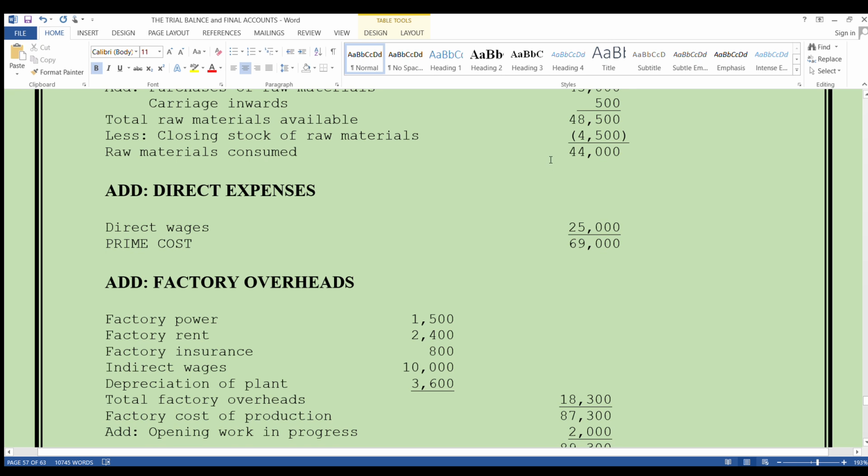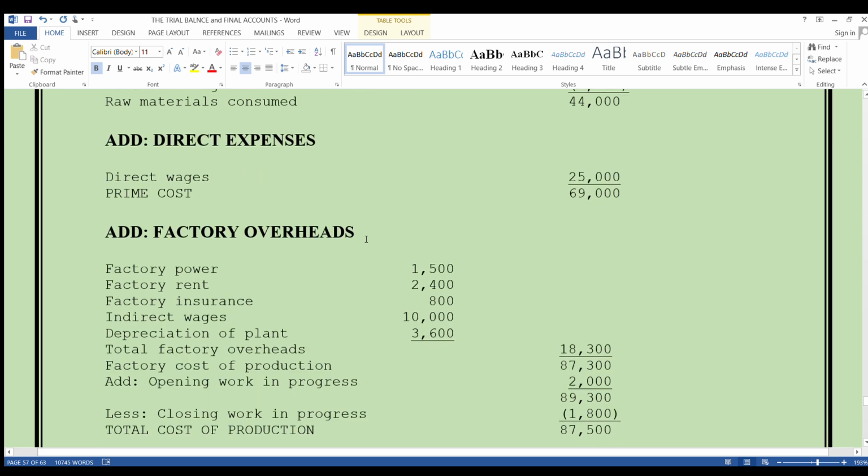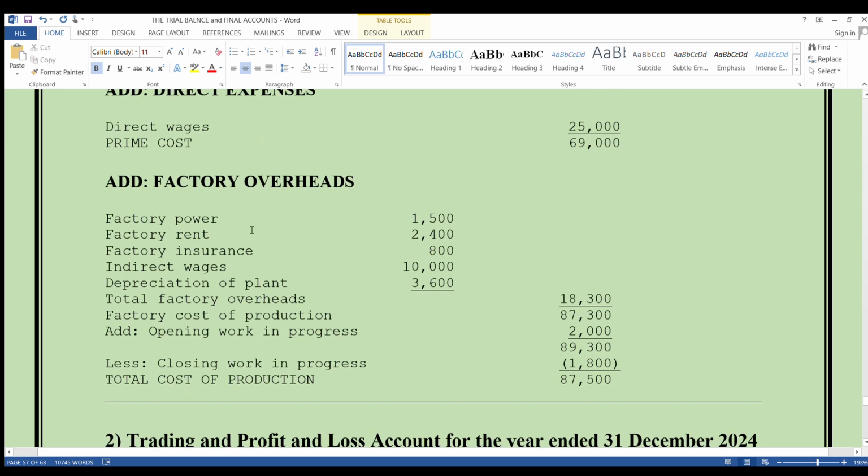Then we add the total of raw materials consumed and the direct expenses to get the prime cost, which is 69,000. Next, we go to indirect costs, which of course are factory overheads, such as factory power, factory rent, factory insurance, indirect wages, depreciation of plant. When you add these, you get the total factory overheads.